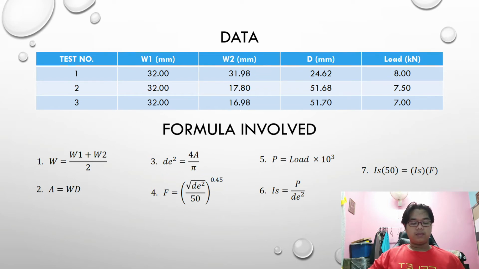The fifth is for load from kilonewton to newton, which is the load in kilonewton times 10 to the power of 3. The sixth is for uncorrected point load strength, which is Is equals P divided by equivalent core diameter. The last formula is the real point load strength, which is uncorrected point load strength times size correction factor.